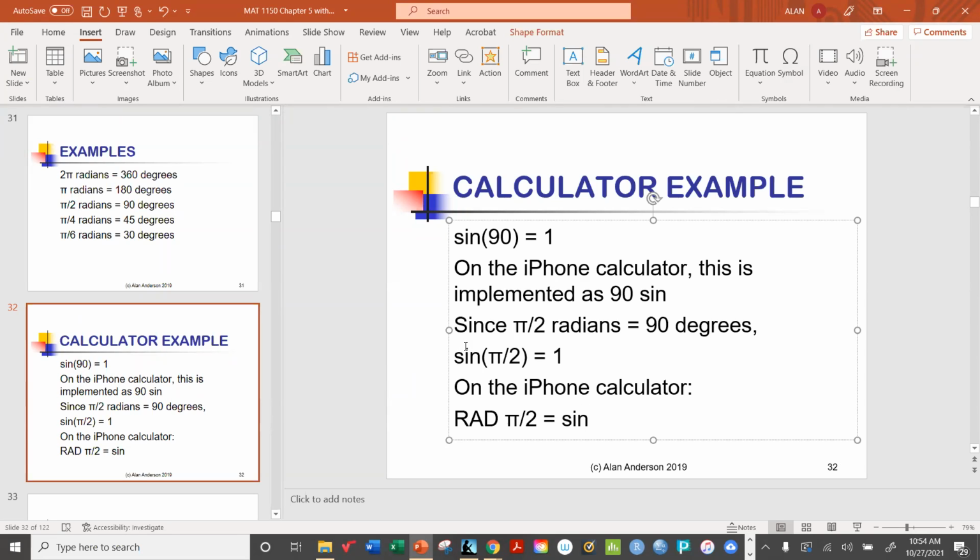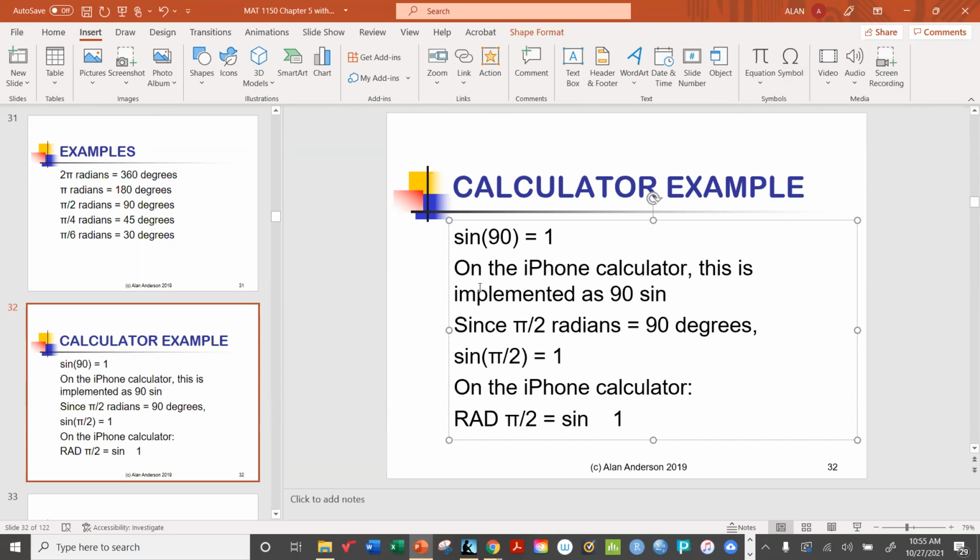All right, so hit radians, pi divided by 2 equals, then you hit the sine button, and it does come back to 1. All right, so those are your keystrokes: radians, pi over 2 equals, and then sine.